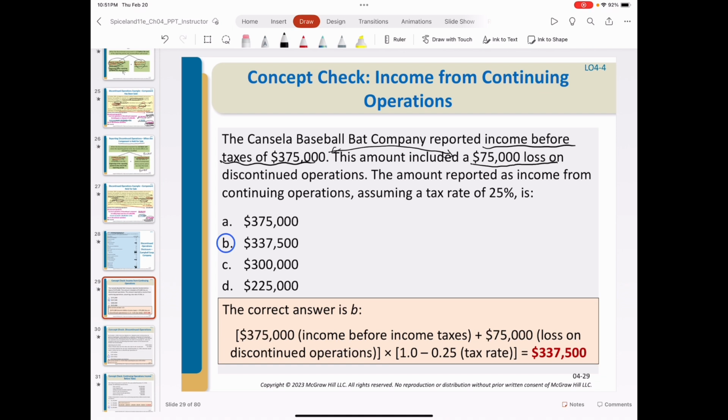So since this has included the loss, the income from continued operation before tax will be 775,000 plus 75,000. The question asks us the income from continuing operation, which implies this is an after-tax number. So we multiply by 1 minus tax rate. So the answer is B.